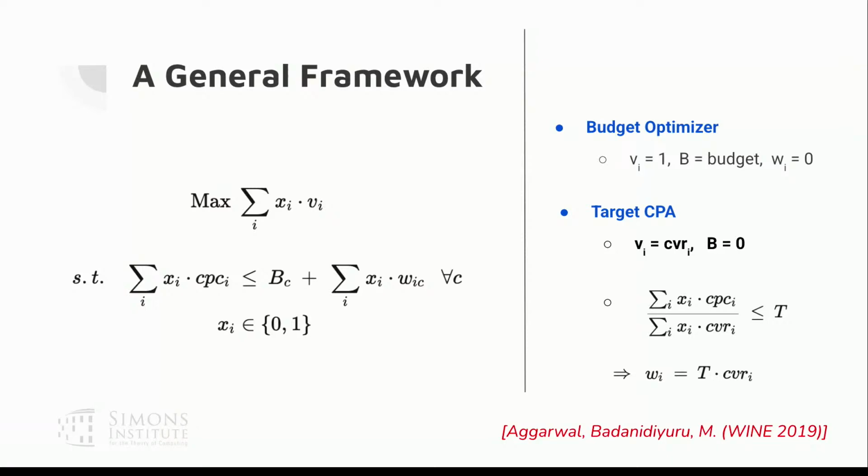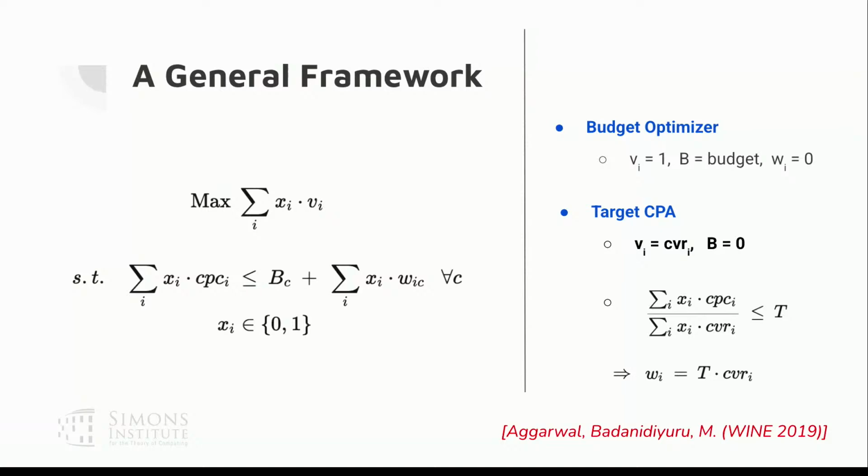But if you take this more complicated constraint like target CPA, remember you want to maximize the number of conversions. So you can set VI to be the probability of getting a conversion if you chose this item I. We call that the conversion rate. And then you have this average cost constraint. So you don't need the B. There's one constraint. You don't need the B part of it.